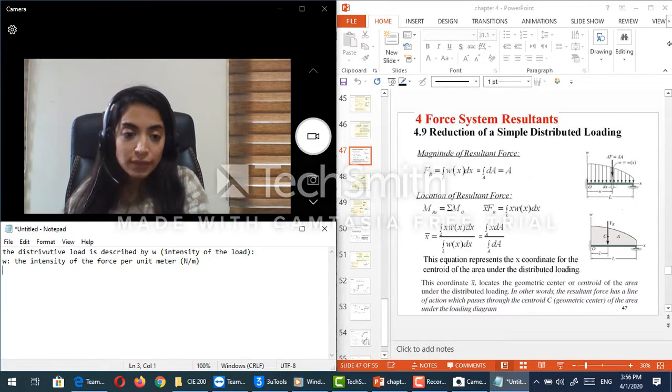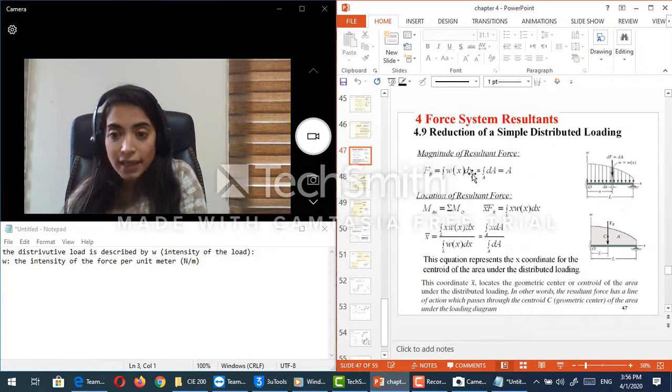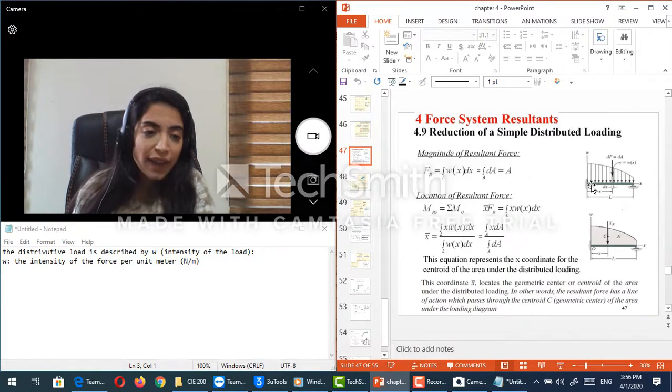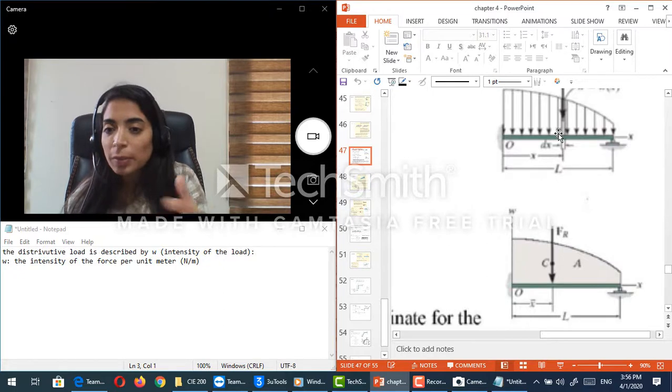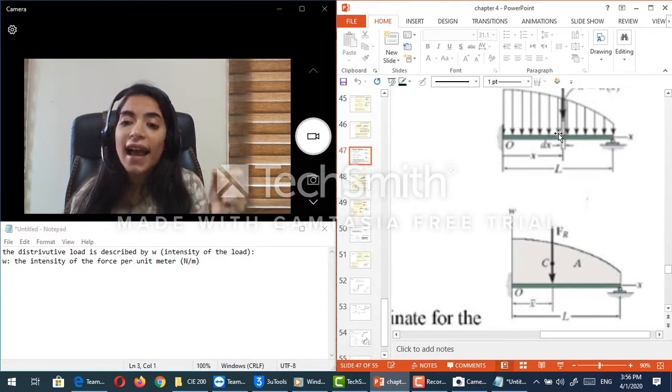So F resultant should be equal to the integration of omega dx. Because in fact, guys, if I take a small dx here, and I multiply this dx by this omega, what will be the unit here? The unit is Newton, and basically this is dF.